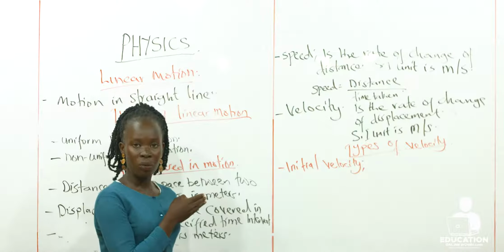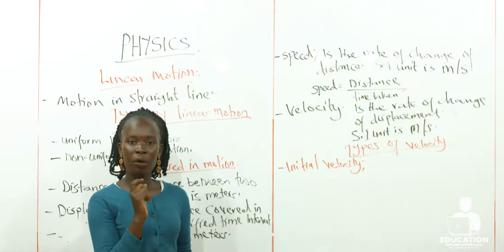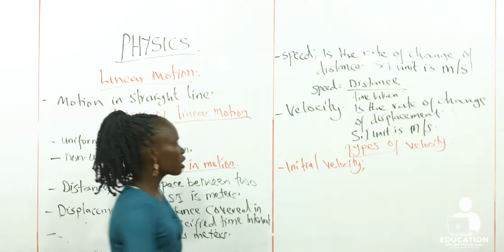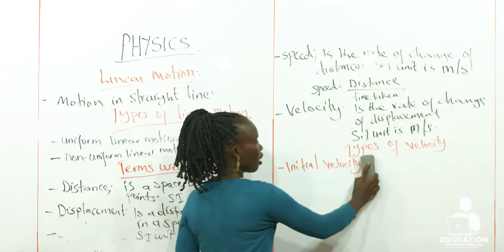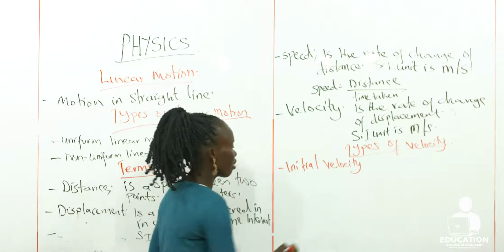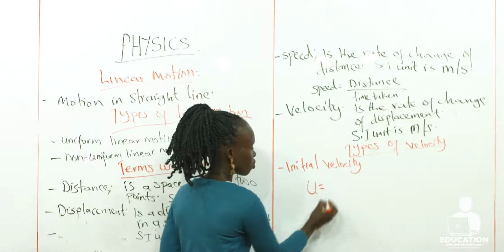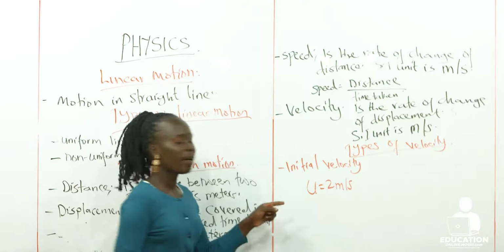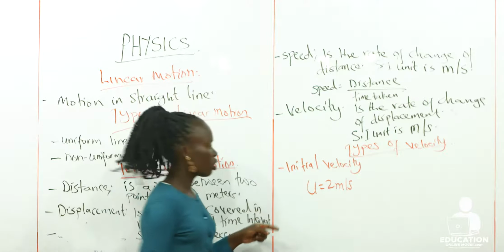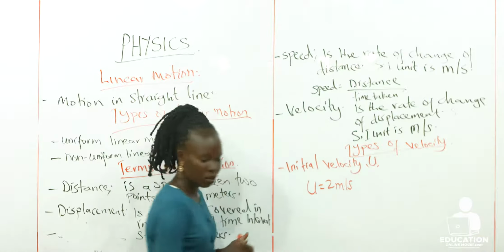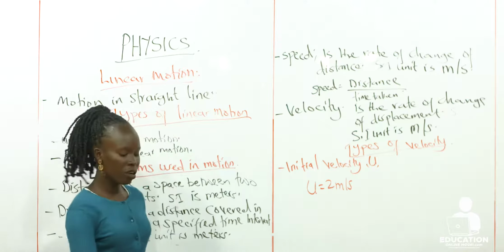As we move on with motion, the letter we are going to give initial velocity is u. So when you see in a physics question that they are giving you u, maybe they have written u is equal to 2 meters per second, they mean the initial velocity. So what is this initial velocity?